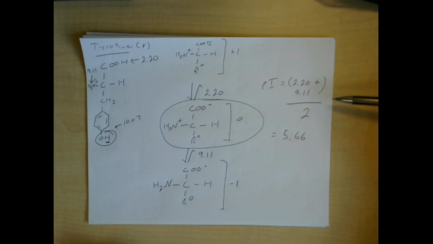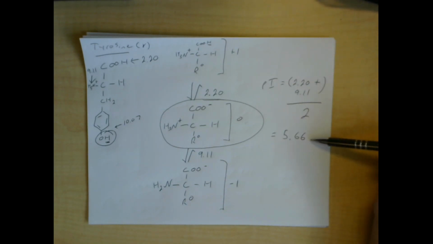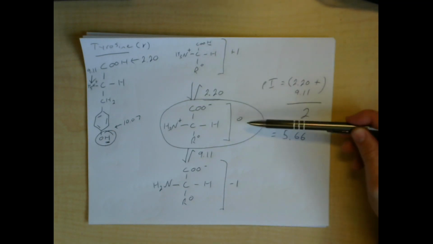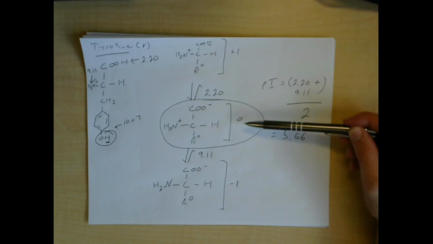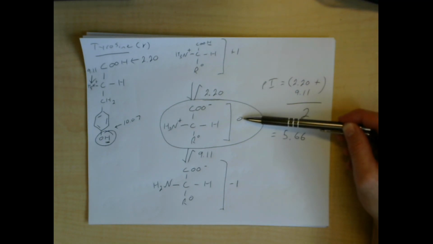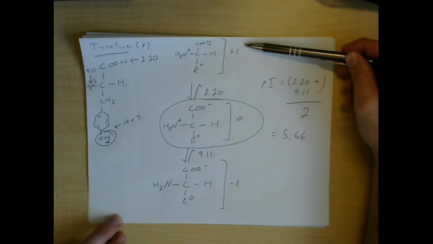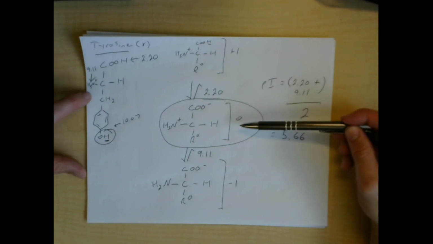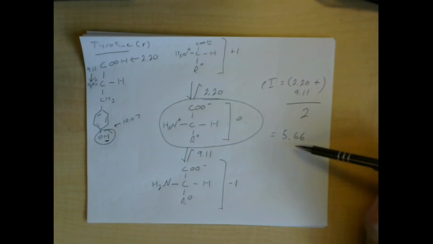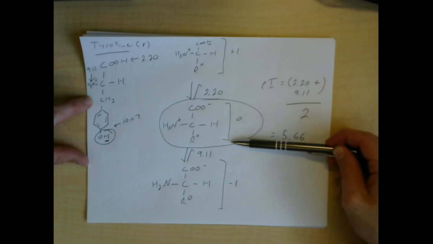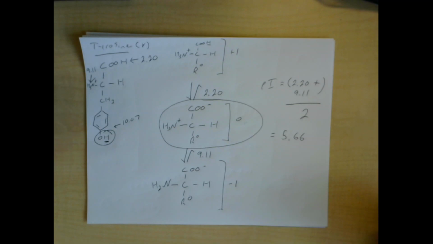So when my pH is below 5.66 for tyrosine, the overall net charge of the amino acid free in solution is going to be positive, because if I favor my net charge of 0 at pH equals 5.66, any pH below that gives me a positive overall electrical charge. When my pH is above my pI, a similar story, except now the overall net electrical charge is going to be negative.